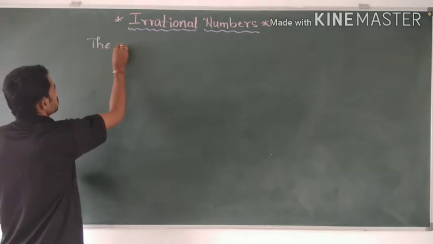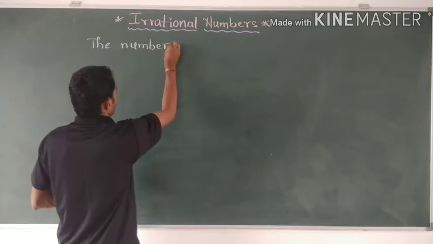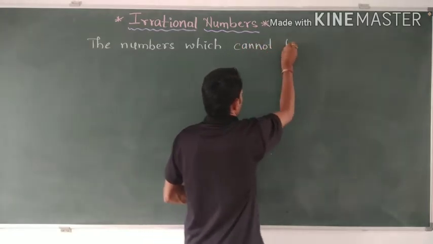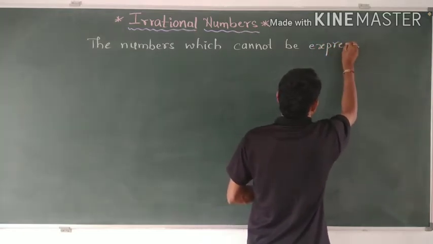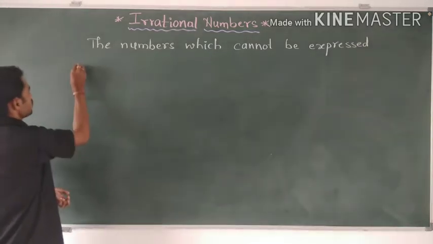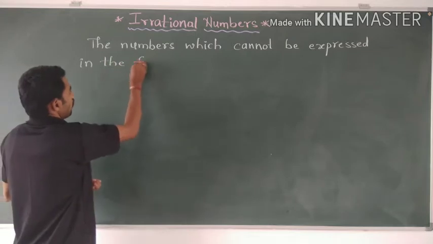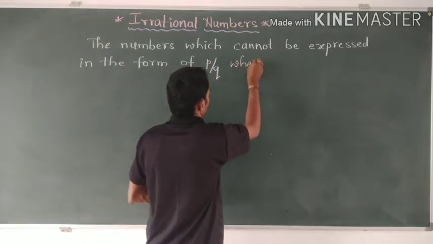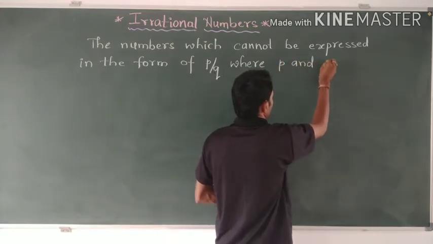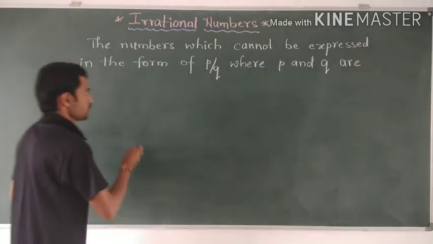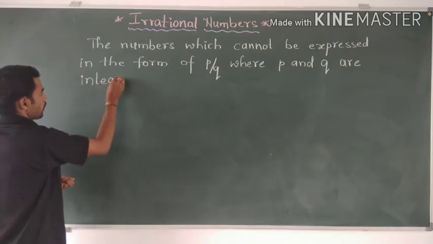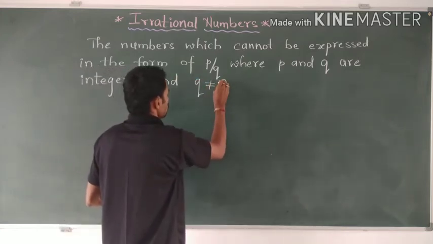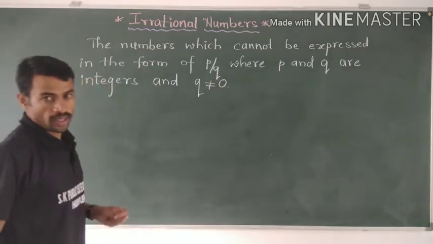The numbers which cannot be expressed in the form p by q, where p and q are integers, and the most important point is q should not be equal to 0. Such numbers are said to be irrational numbers.